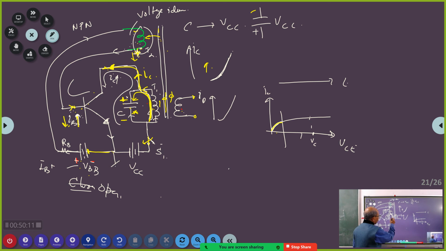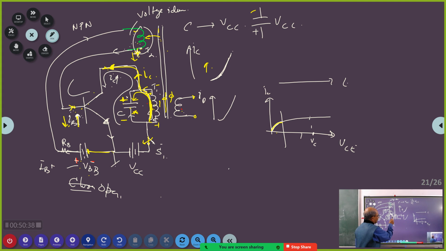Now, see here, the voltage induced in this inductor is what? L di by dt. When di by dt is positive, the voltage is in one direction. When di by dt is decreasing, see, still the current is in the upward direction, but it is decreasing. It is not the amount of current that is flowing, it is the rate at which the current is flowing and in what direction it is flowing. Now the rate starts decreasing, so the voltage here reverses.